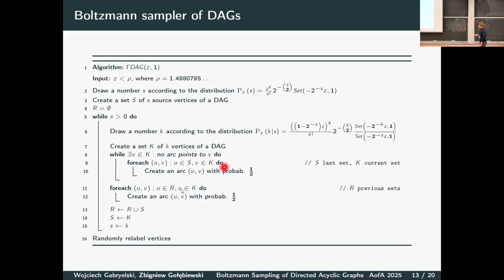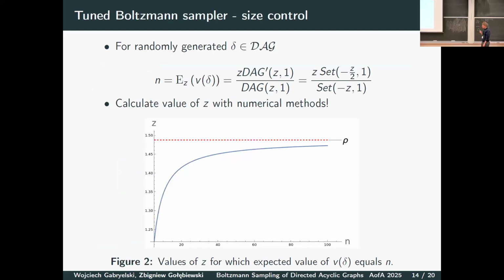And later we add some more edges from the sets that came before, also with probability 1/2, and this also comes from the formulas. Then we iterate as long as we do not end up with an empty set. After all, we just randomly relabel all the vertices.